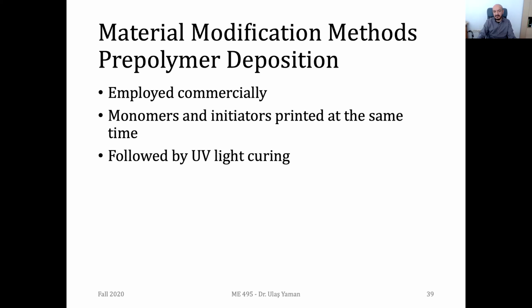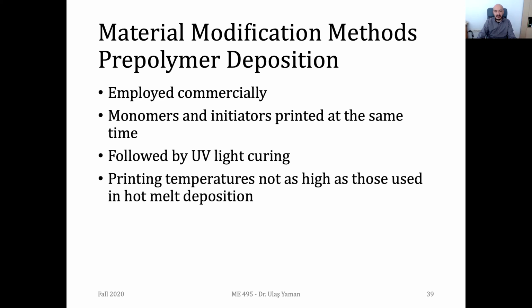Since they have UV light beside their heads, they do the curing while these materials are hitting the previous layer or the substrate. Obviously, we don't need to heat them to very high temperatures. As you know, polymerization can happen at very low temperatures. The most important thing in polymerization is the light you are applying.